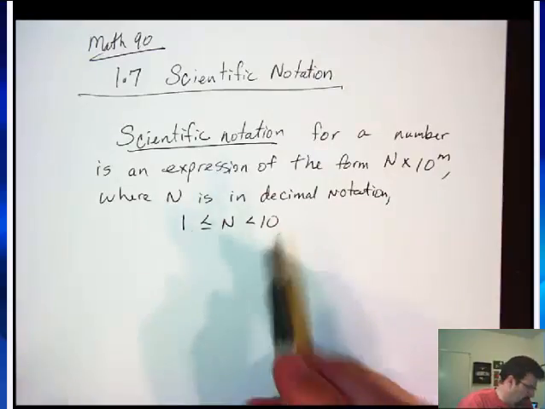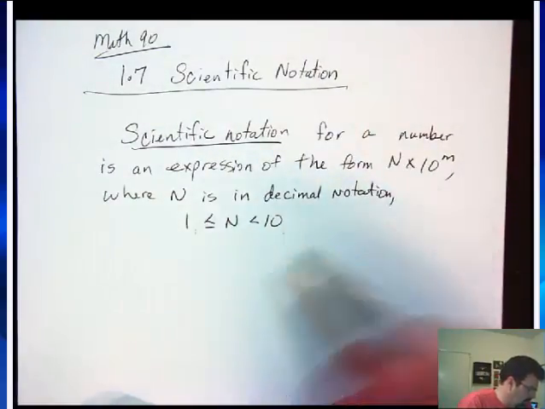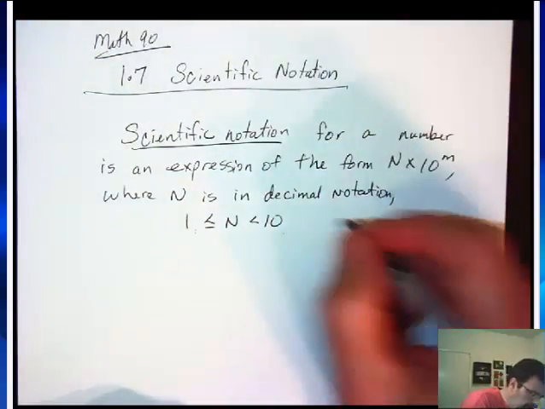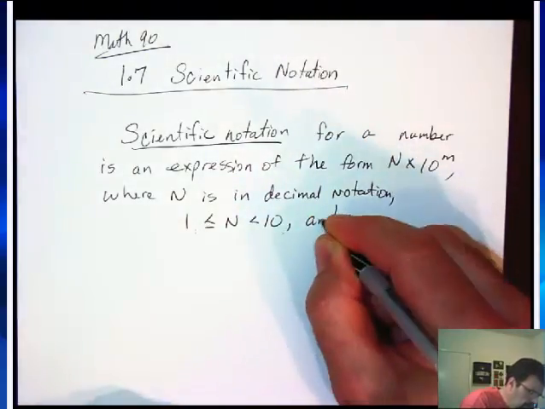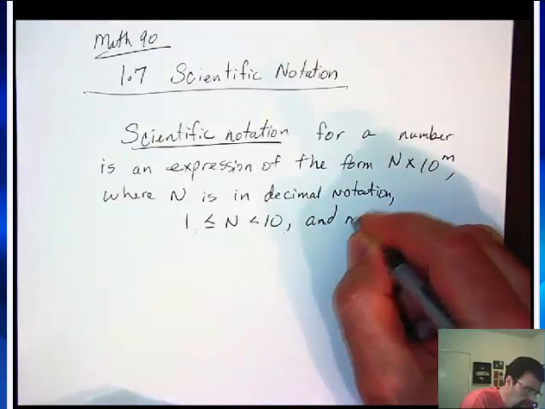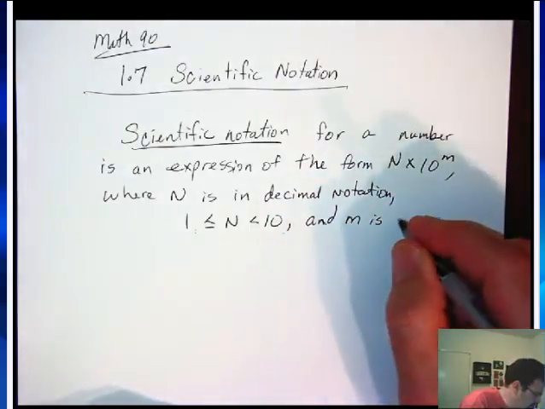So it's basically a single digit number, decimal point, and then everything else. And m has to be an integer.